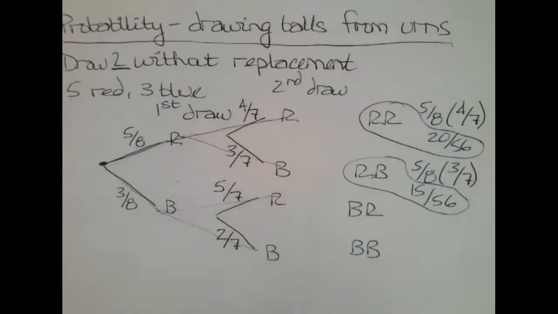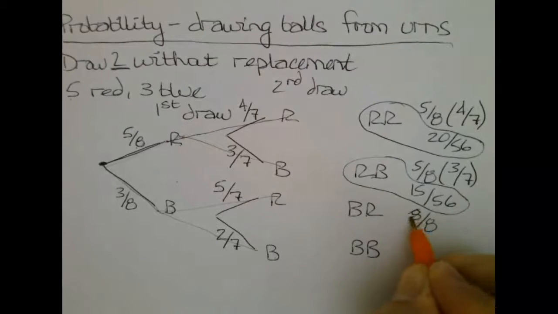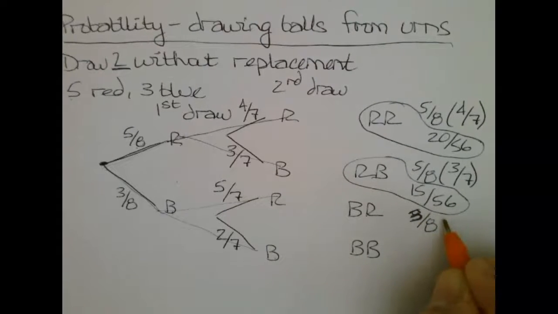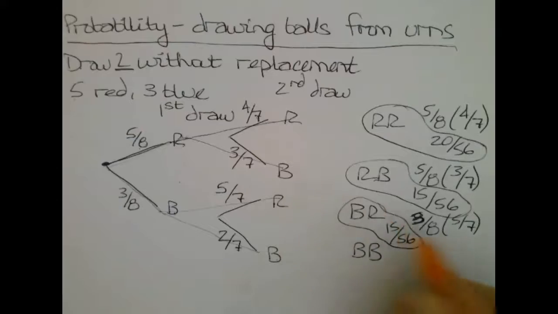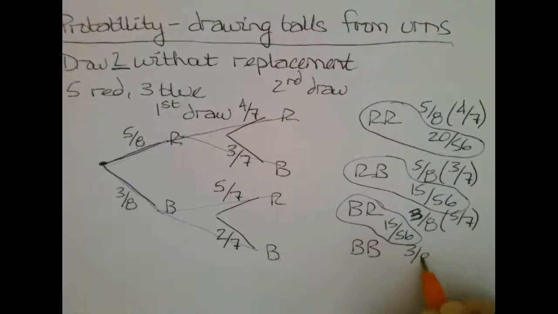Blue one and then a red one, I have 3/8 times 5/7, which is the same after we multiply, which is also 15 out of 56. And the probability both of them are blue. Well, there's fewer blue ones than red ones, so this is the smallest probability. 3/8 times 2/7, which is 6 out of 56.